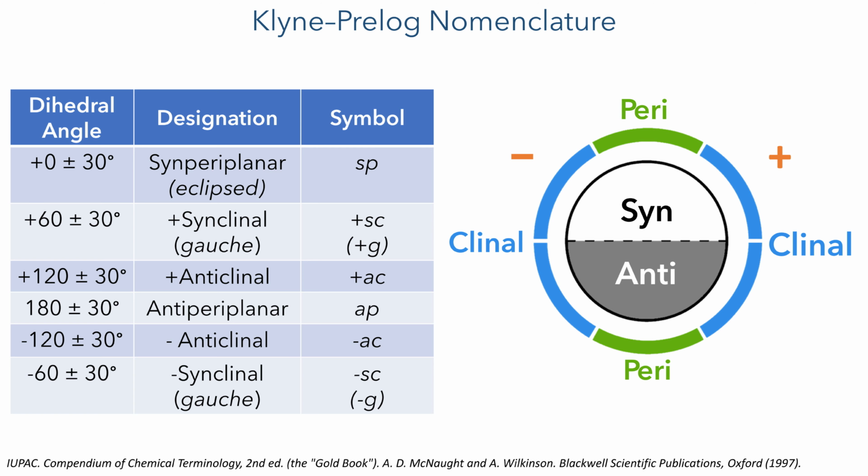Substituents that are 120 degrees, plus or minus 30, are called anticlinal, whereas if the substituent is 180 degrees away, it is called antiperiplanar. Following this around, we get another anticlinal and synclinal conformation. These are differentiated by including the direction of rotation, which is given a plus or a minus. These conformations can be abbreviated to a two-letter symbol and the directional designation.